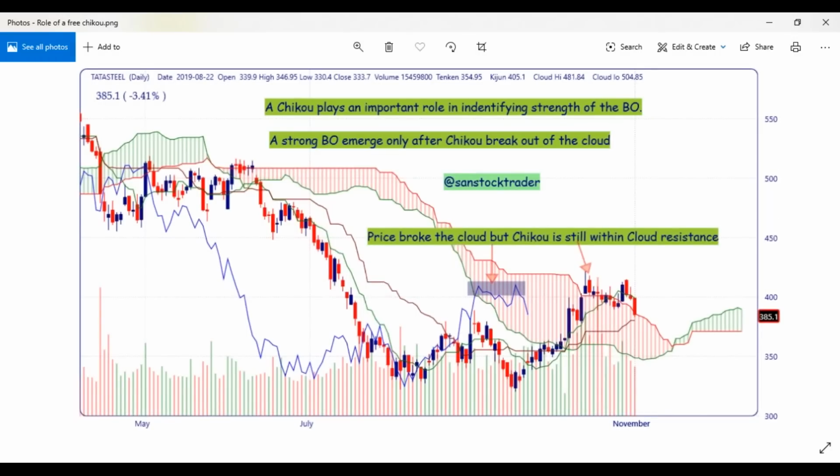One more example. Price broke the cloud, but Chikou was still stuck inside the cloud. And one more thing I can write here is flat. I explained that a flat cloud acts as resistance. So see, this flat cloud base acted as a resistance. One more cloud flat was here, so this is also a future resistance level.